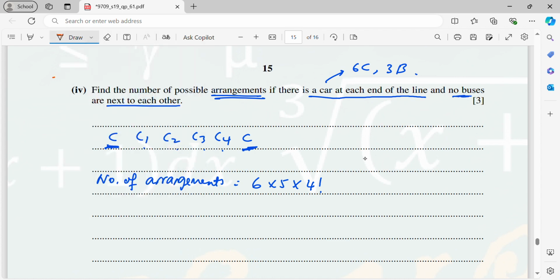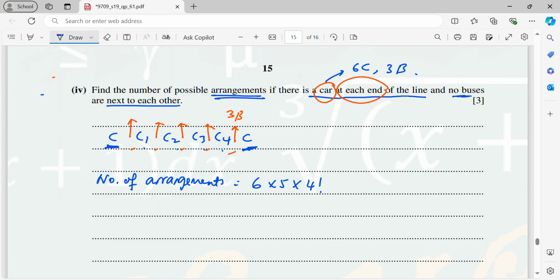That means your buses will be in between all of these. They cannot be before the first C and after the last C, because it's already mentioned there is a car at each end, right? So these two are wrong. The orange color will be for the buses. But then we need 3 buses. So from here I have 1, 2, 3, 4, 5 slots.